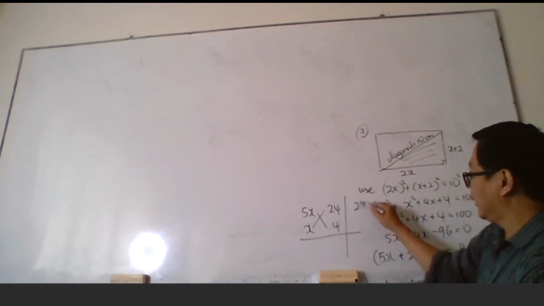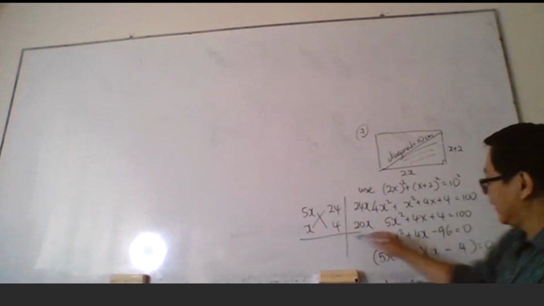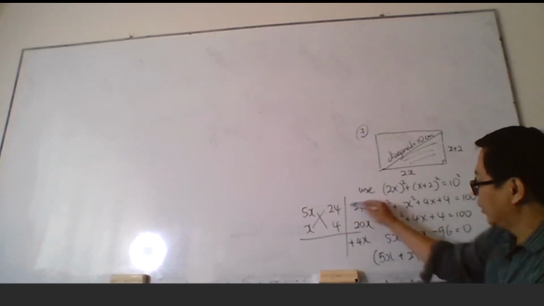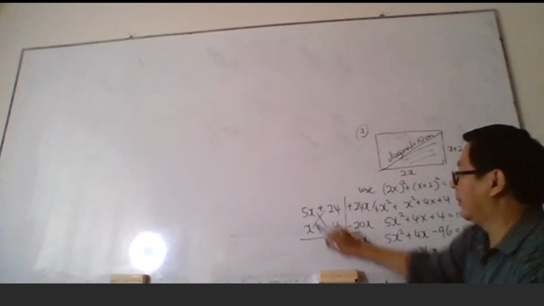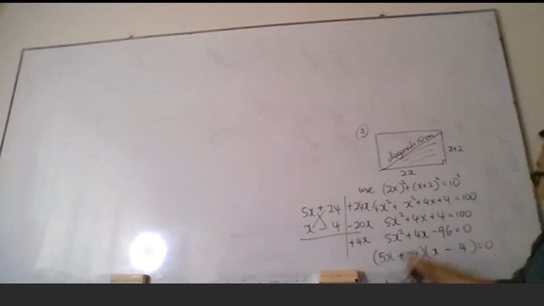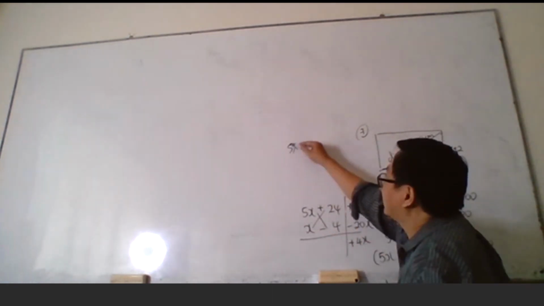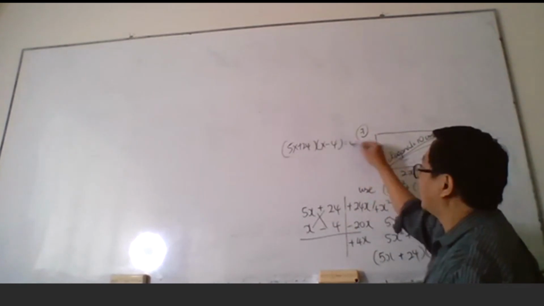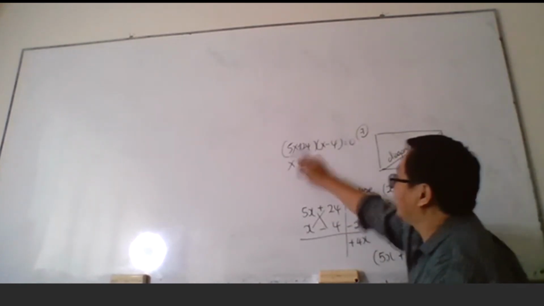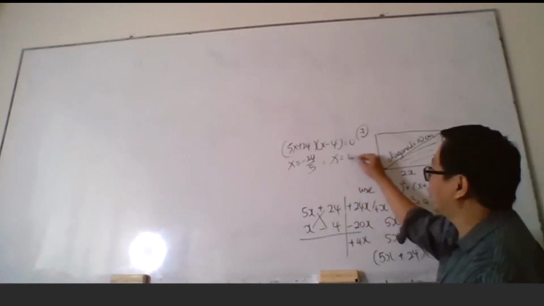So you get 24x, and here will be 20x, and the final answer is plus 4x. You put plus, minus, this is your plus, and this is your minus. Then you get 5x plus 24. And my answer, 5x plus 24 bracket x minus 4 equal to 0. X will be equal to negative 24 over 5, x to the 4.